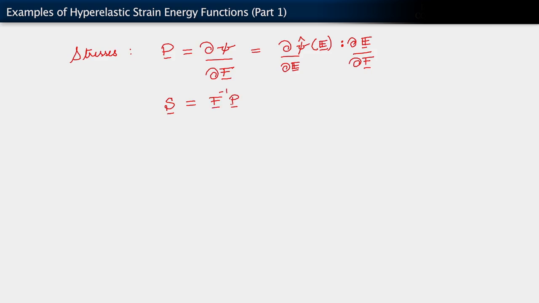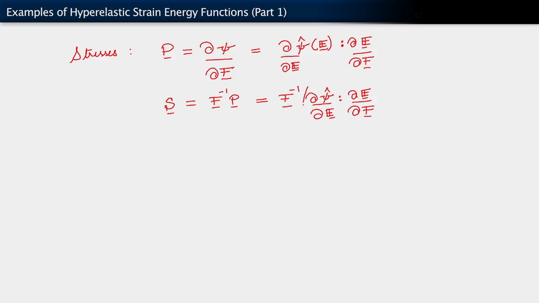And if we go through this motion and use this result from the first line, what we will be able to see is that this works out to F inverse times the partial of psi hat with respect to E contracted with the partial of E with respect to F. Right?